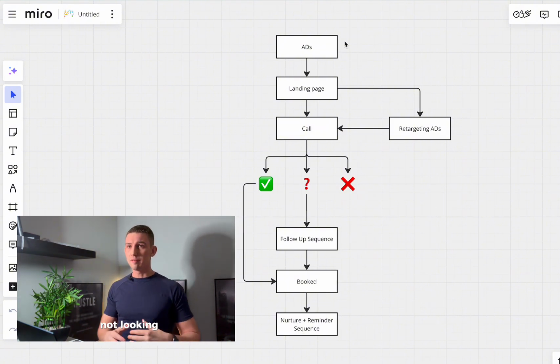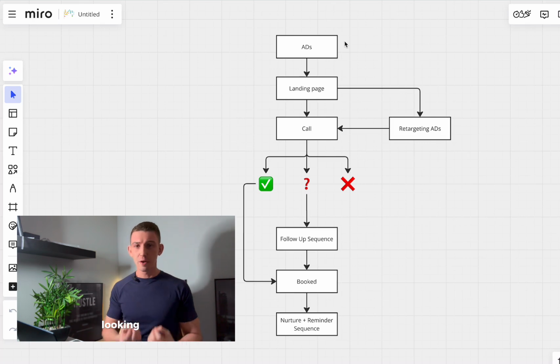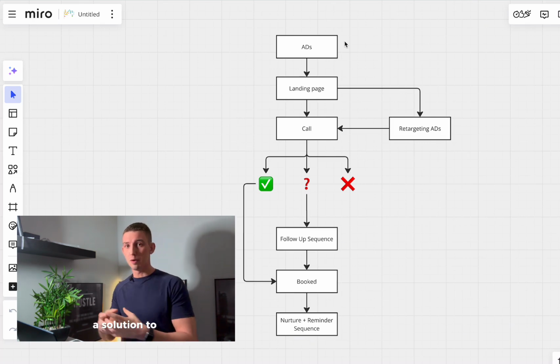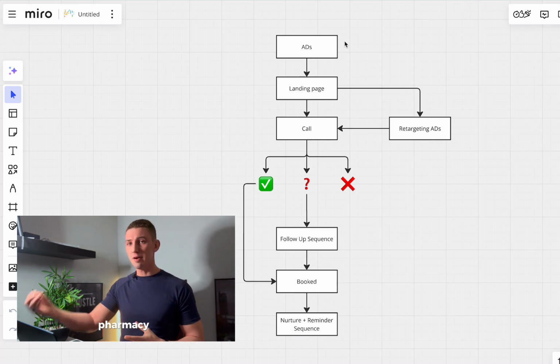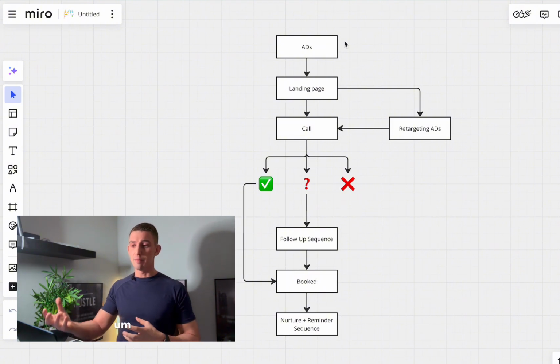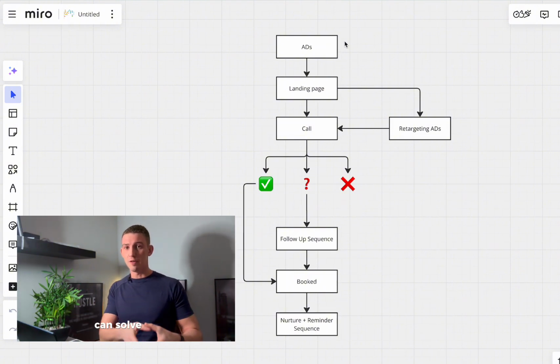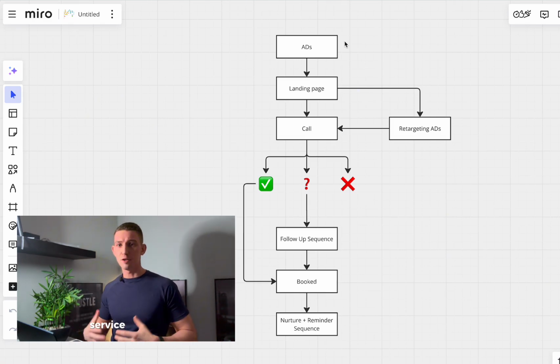You're probably not looking for just a pharmacy to walk in and then think about the service or the problem that you want to solve. You're probably looking for a solution to a problem. And the fact that you are a pharmacy is just a byproduct of the fact that you can solve this problem, okay? And you can apply that to your business and any sort of target industry, service, product, whatever.